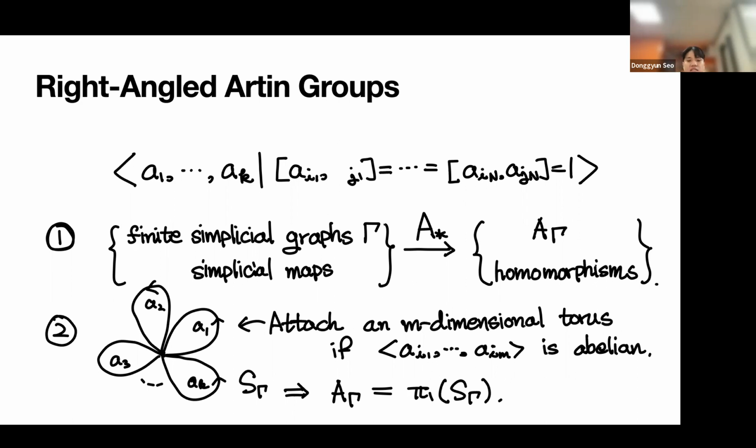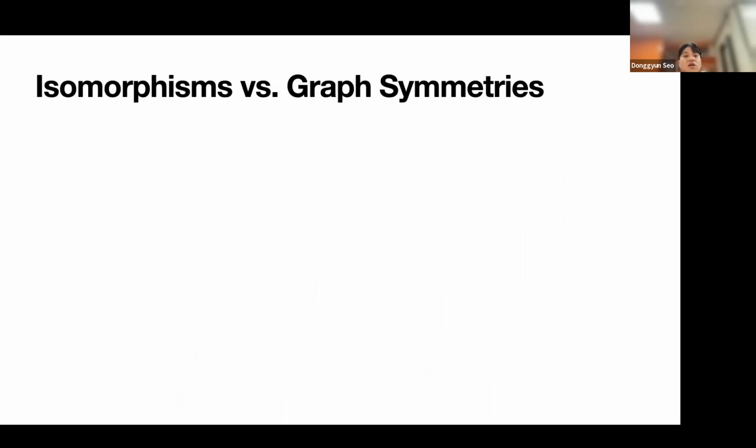The complex consists of n-dimensional tori, where each torus corresponds to a free-abelian subgroup of the right-angled Artin group. But in this talk we do not use the second viewpoint, so let's just focus on the first viewpoint.